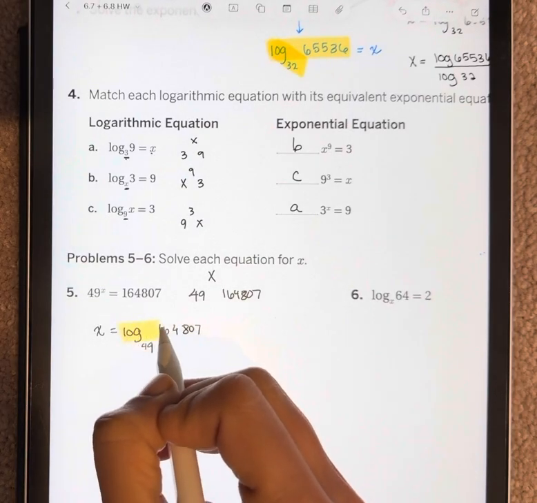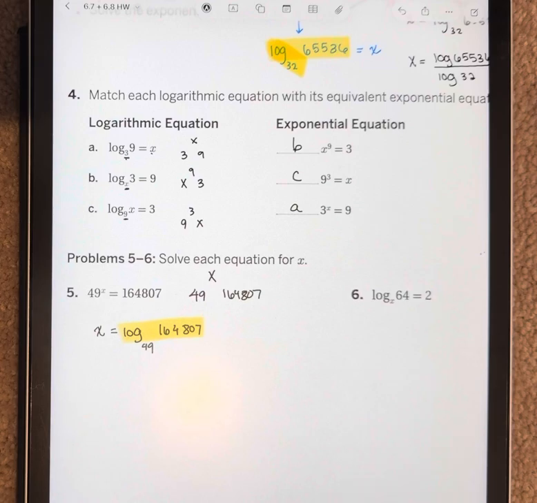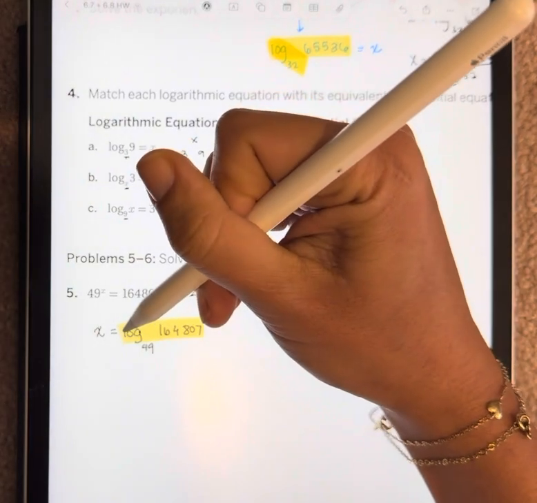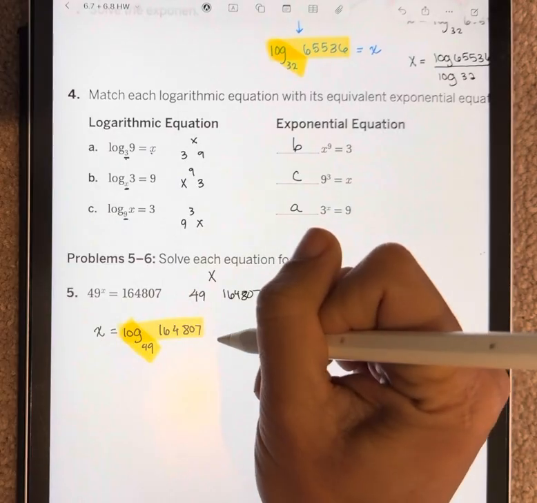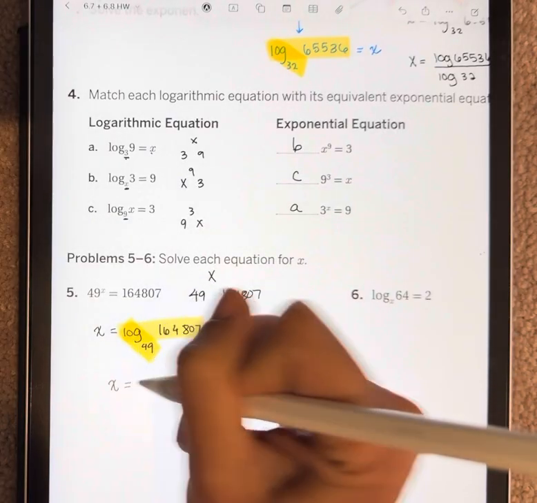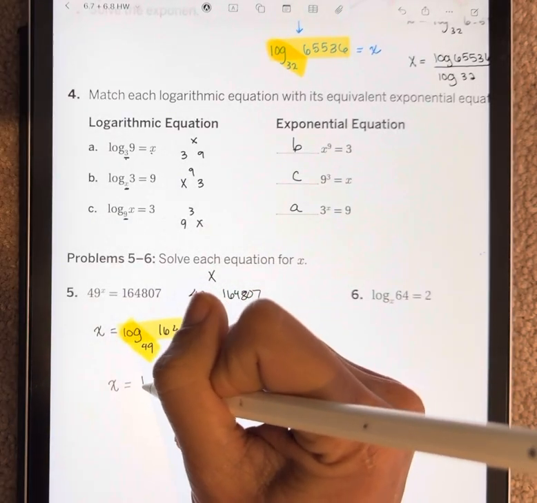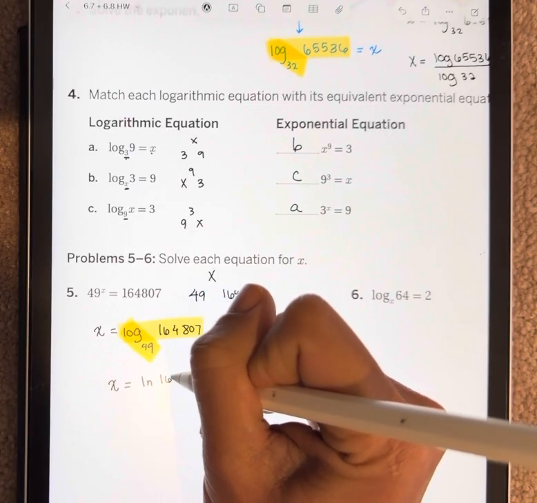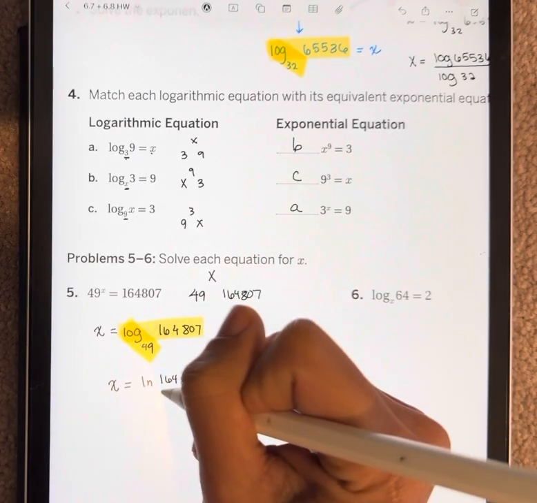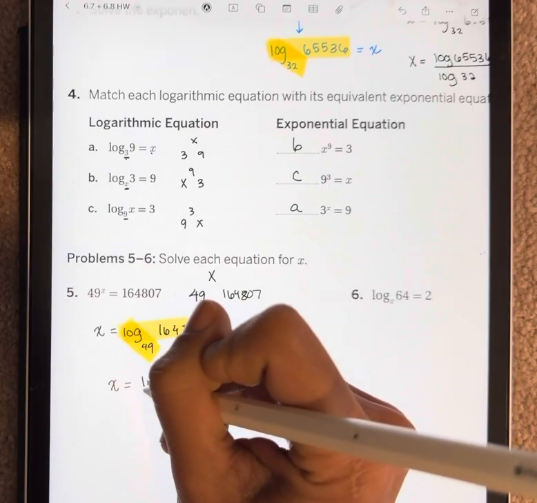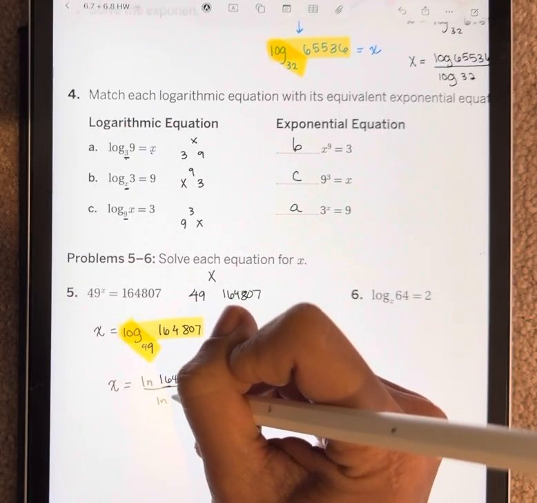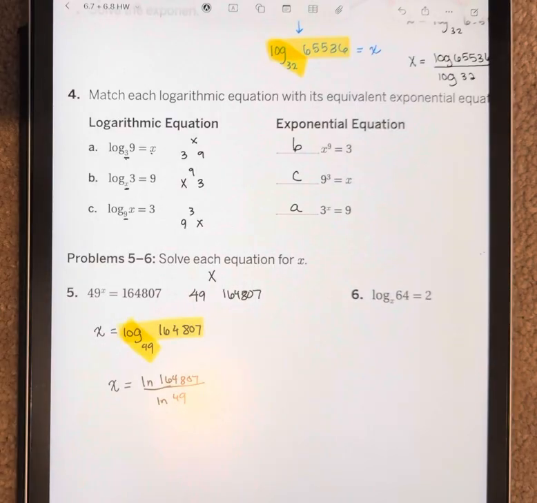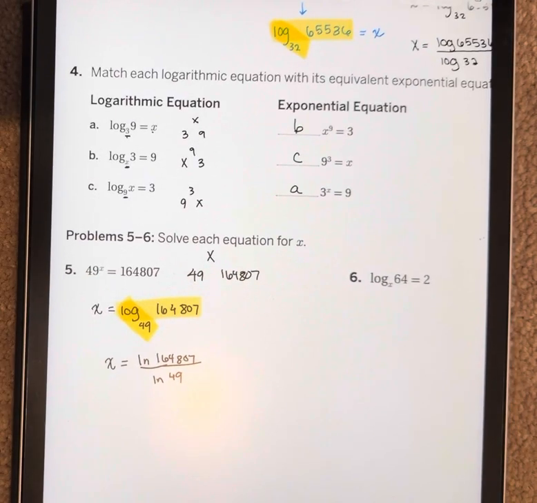by doing log or ln of that number divided by log or ln of that number. So x will equal, I'm going to do ln again, because I want us to break the fear with ln, you guys. ln is far more commonly used in math than log. I just don't want you to develop a fear of them.